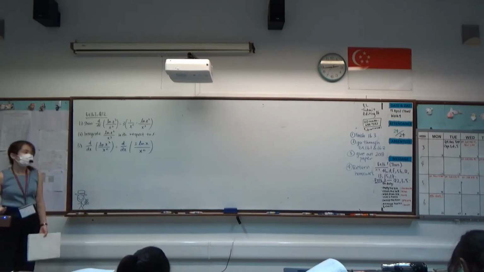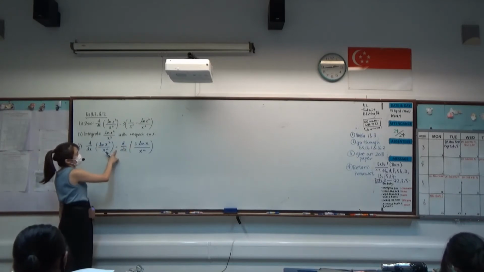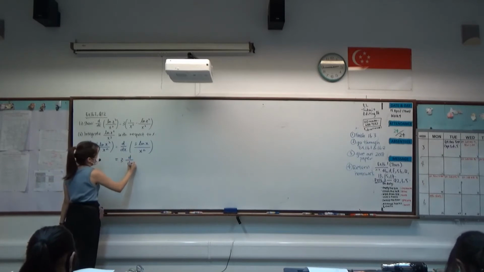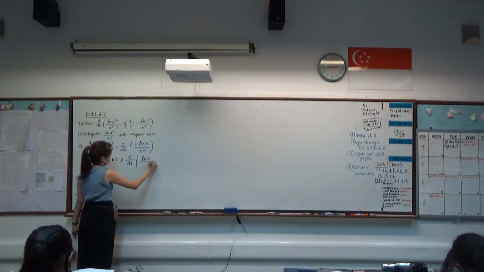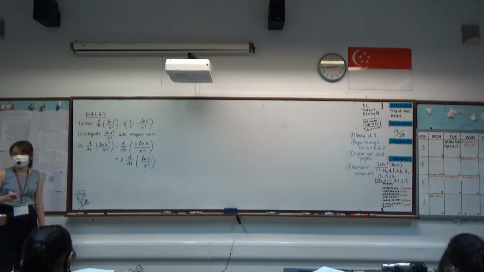Okay, but if you didn't, that's also fine. Because if you brought down the 3, you could bring out the 3 and focus on just differentiating your ln x over x squared. So that might help a little.